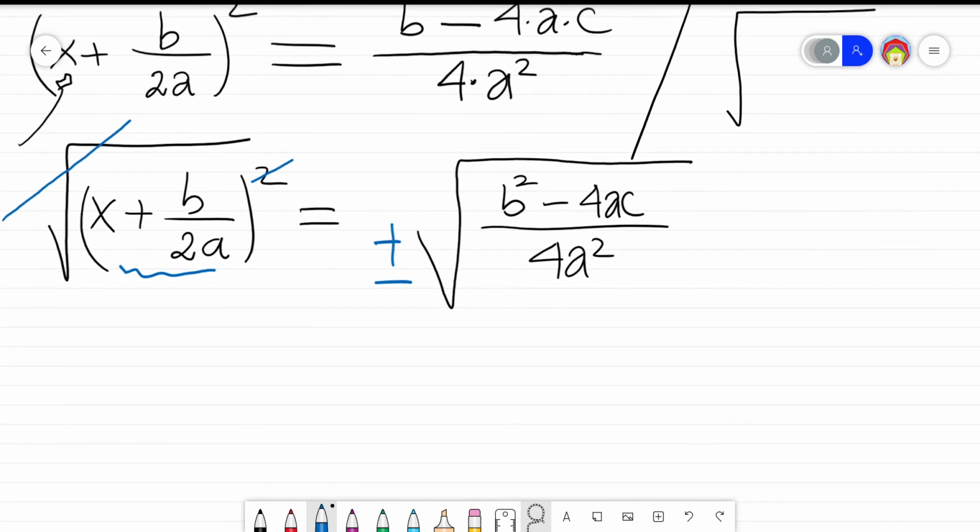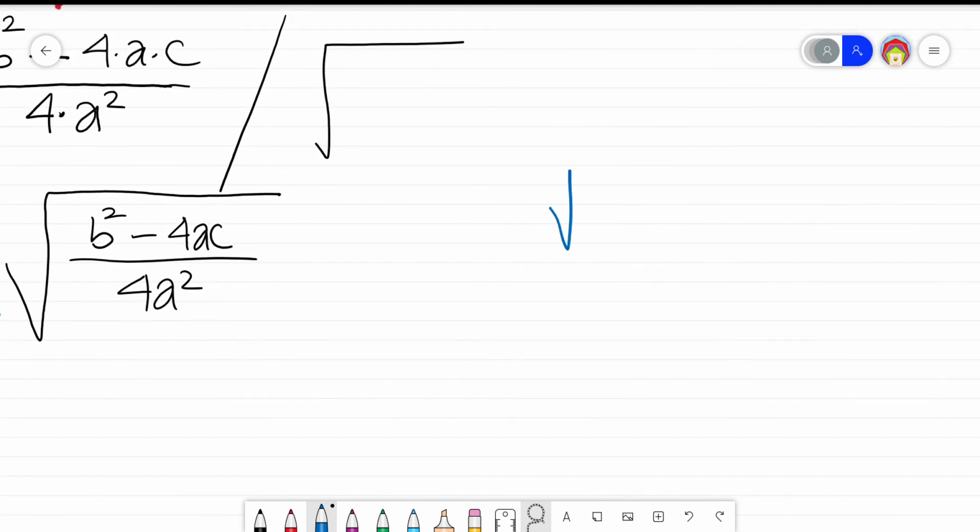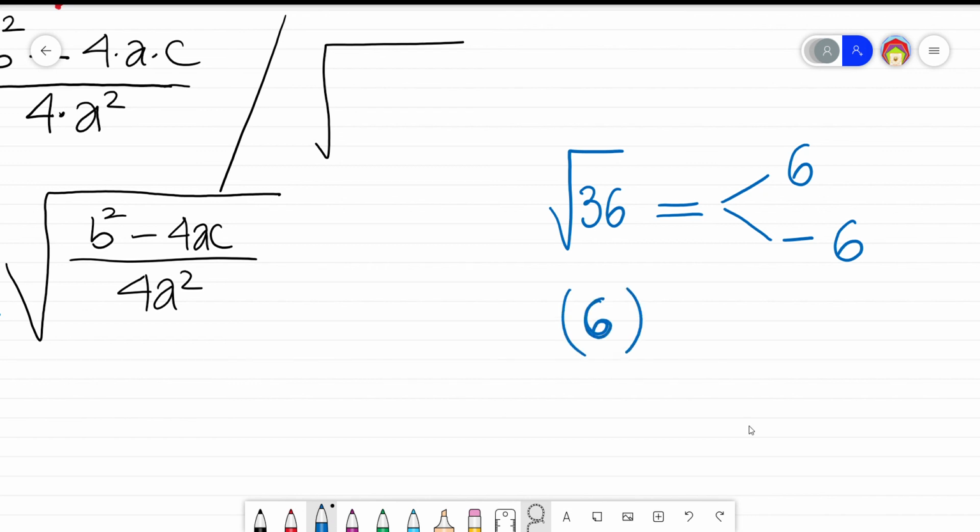Why is that? Just check it. For example, we want to work out the value of the square root of 36. That is going to be plus 6 or minus 6. Why do I need to take the two values? Very simple, because both of them work: 6 to the power of 2 gives me 36, and minus 6 to the power of 2 also gives me 36.